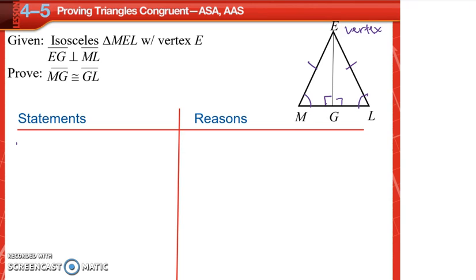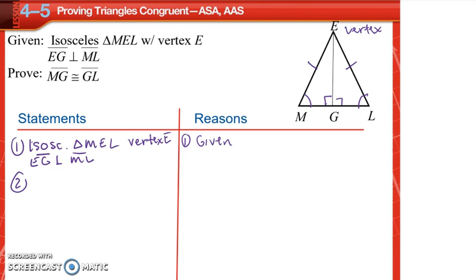So here's what we do with this one. Isosceles triangle MEL, and EG is perpendicular to ML. I'm going to write vertex E on here too. That's given.